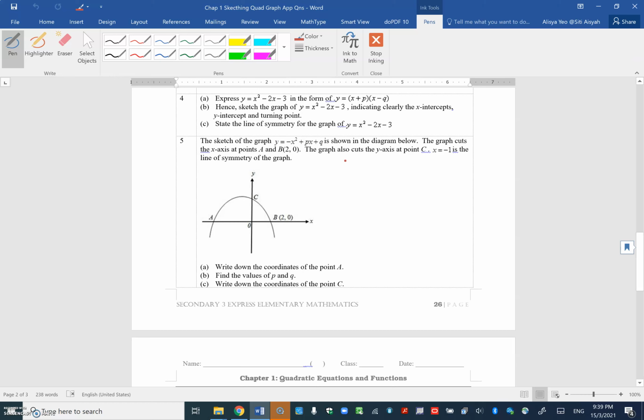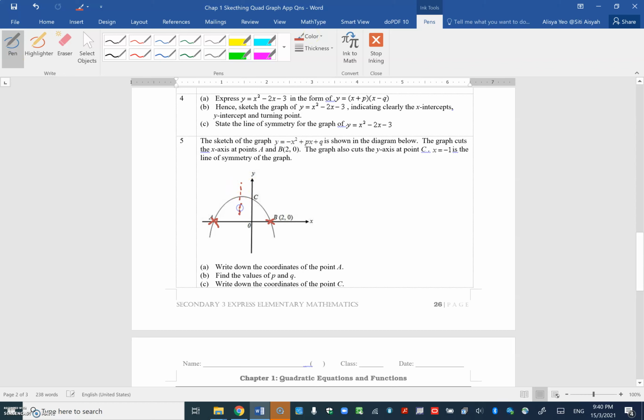You should know by now that the line of symmetry is always in between the two x-intercepts. A and B are the x-intercepts, so the line of symmetry, x equals -1, must be exactly at the center of the two x-intercepts.